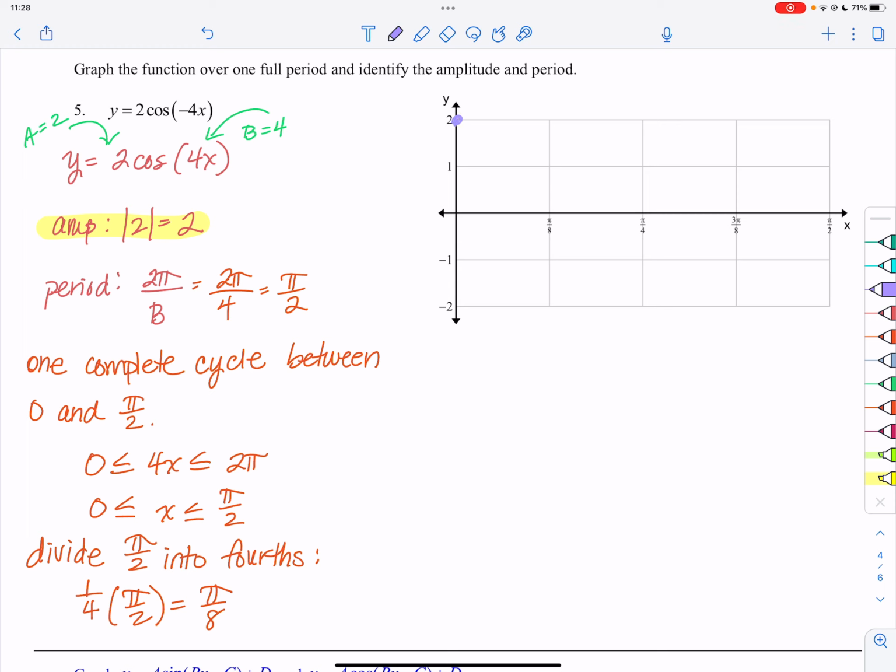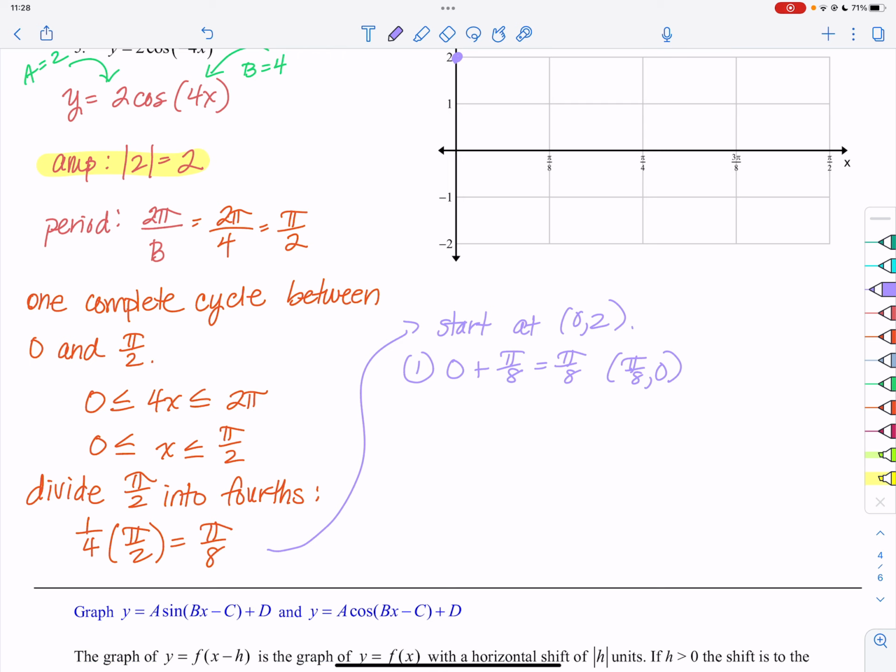And so our first step is going to be 0 plus pi over 8, and that's equal to pi over 8. So we'll have pi over 8, 0. Okay? That's where we'll begin.